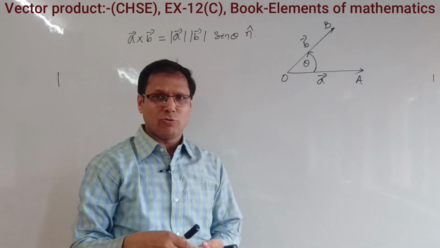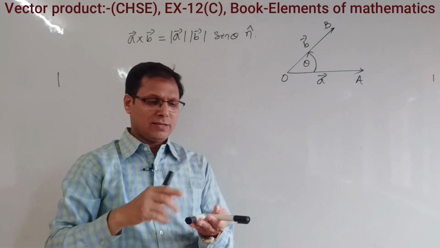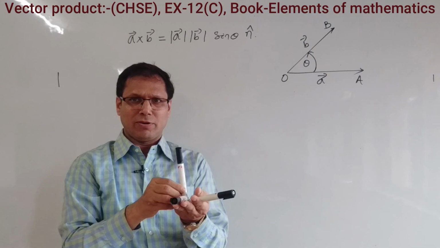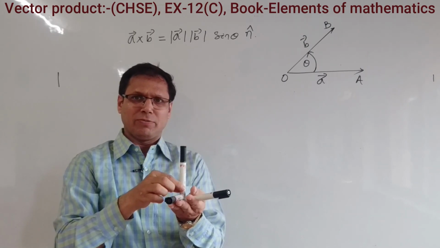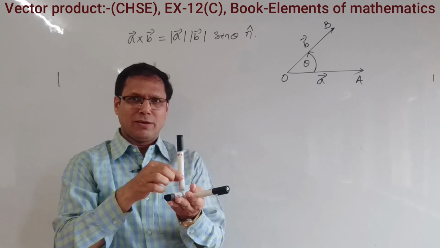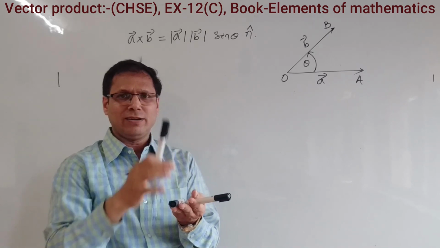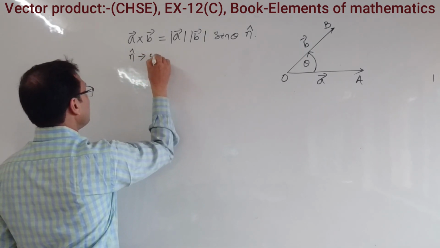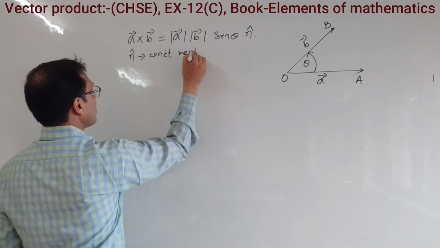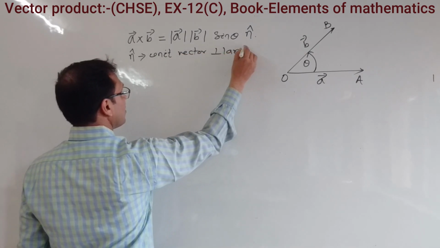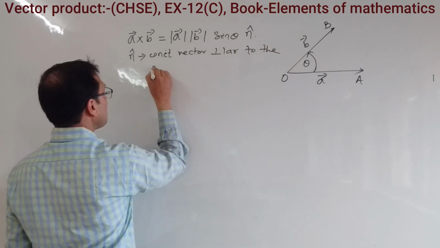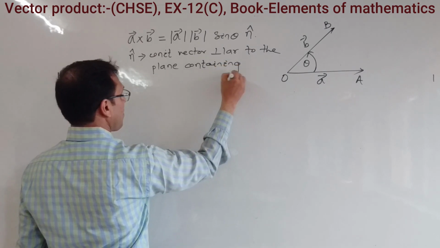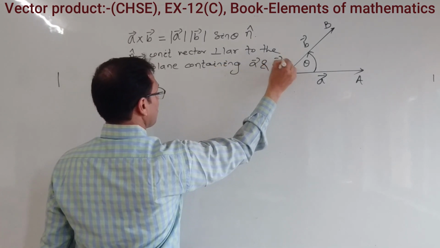Suppose this plane contains a vector and b vector, and this one is perpendicular to this plane, that means this one is the unit vector. So n cap is here the unit vector perpendicular to the plane containing a vector and b vector.